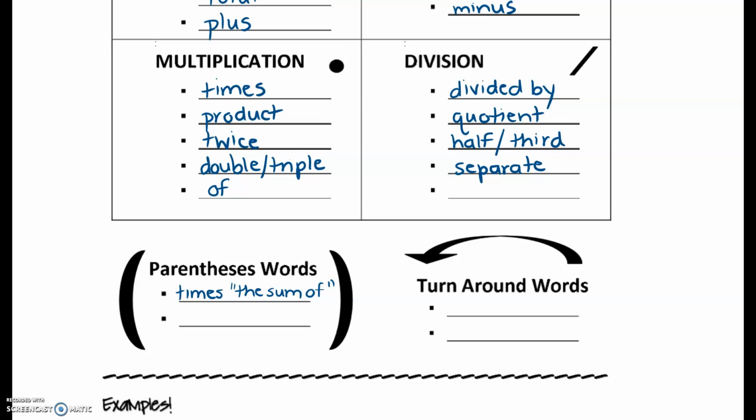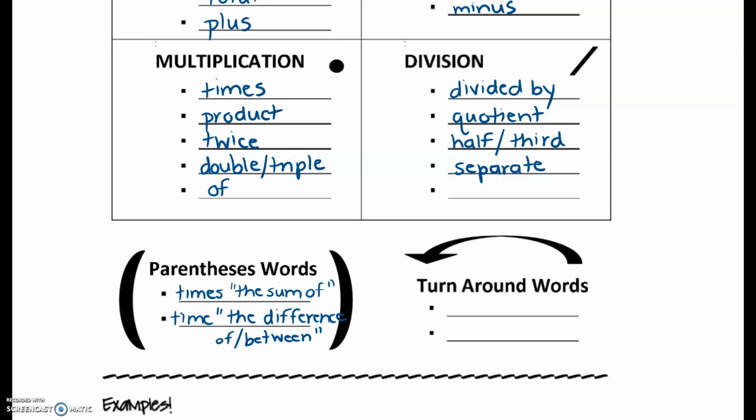We could have another thing very similar, times the difference of or between. If we see this phrase, it indicates there's going to be a number, then a set of parentheses with a subtraction expression inside.